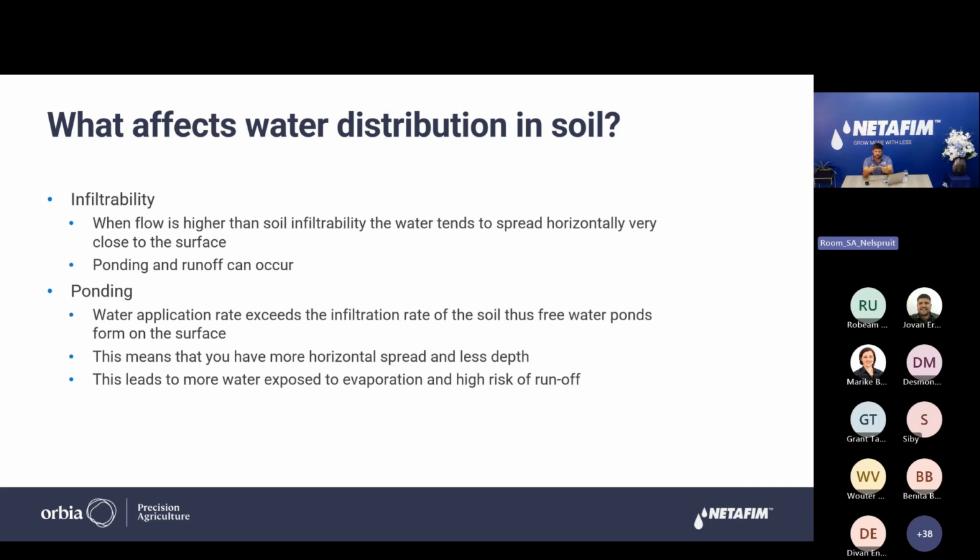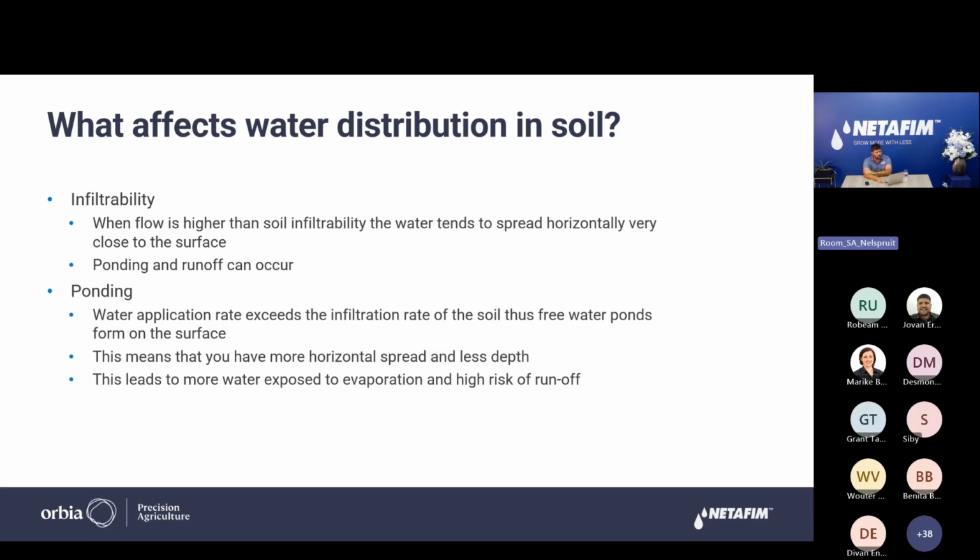This can lead to ponding, runoff, and also erosion issues. So with heavier soils, if your soil is heavy clay, you can have very low infiltrability, and situations where you have sodic conditions that disperse your soil can also have very low infiltrability.